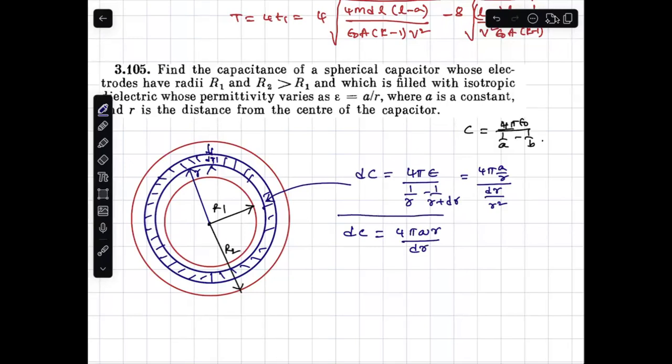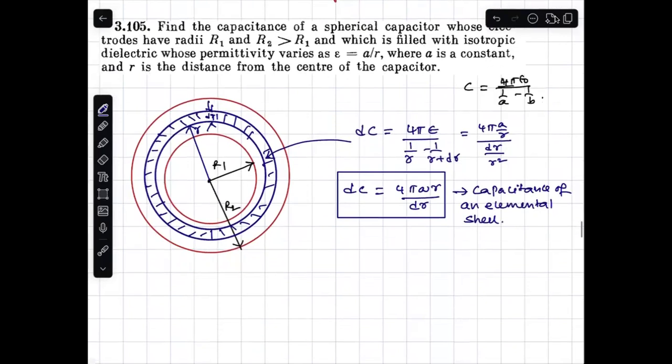What is this, by the way? Capacitance of an elemental shell. Likewise, you will have shells. Tell me from where to where.